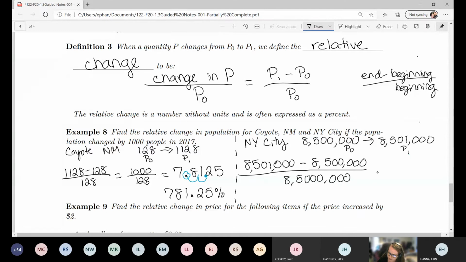Oh, so many zeros. I trust and believe we can type that into a calculator. So 1,000 over 8.5 million. Now there's too many zeros in that one. Oopsies. Now, as a decimal, this is 0.001176475.